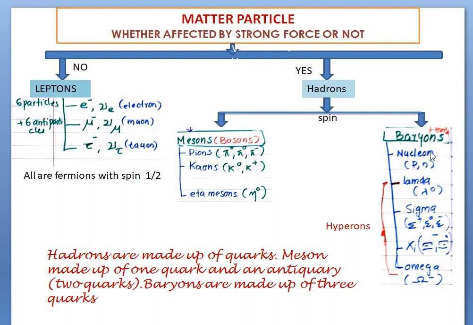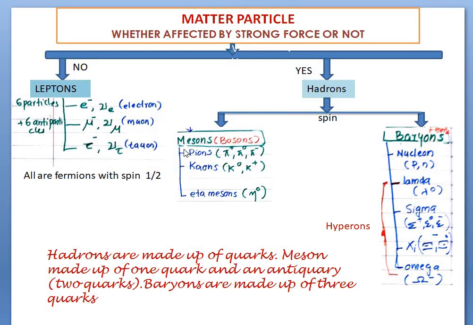So what are baryons? Baryons are half-integral spin hadrons. And let us discuss mesons. These mesons are integral spin hadrons. So we classify the hadrons based on their spin: integral spin particles are known as mesons, and half-integral spin particles are known as baryons.